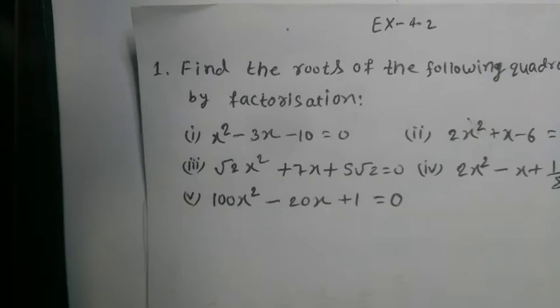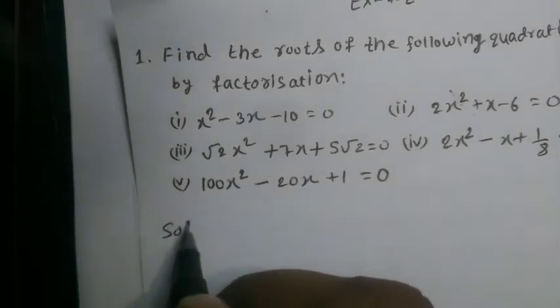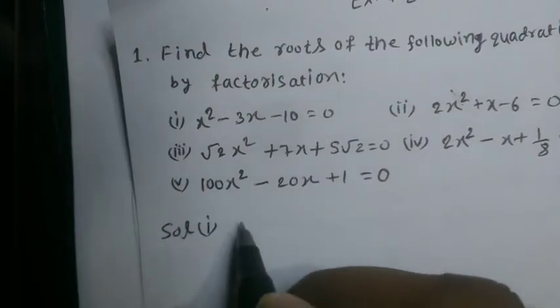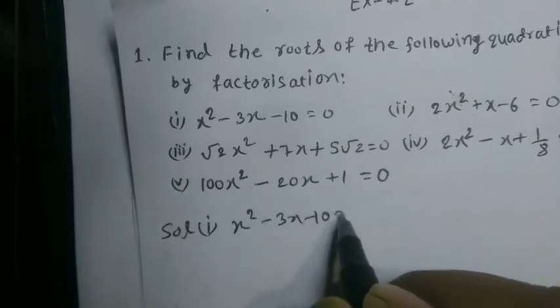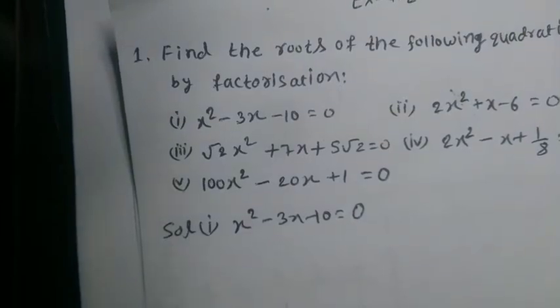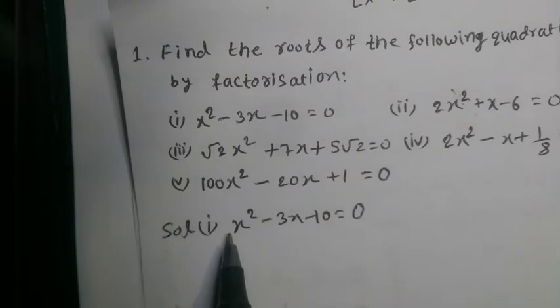Now solution. The first question is x square minus 3x minus 10 is equal to 0. Now here a is the coefficient of x square.